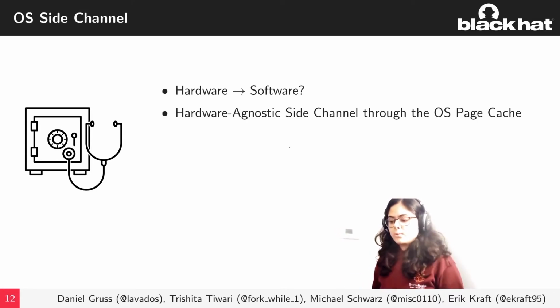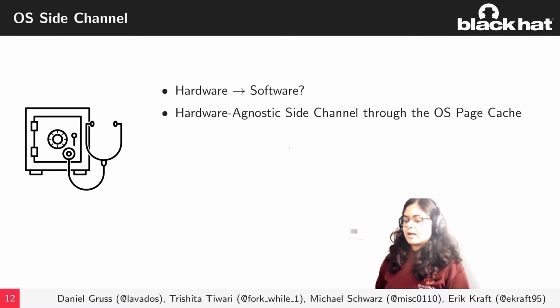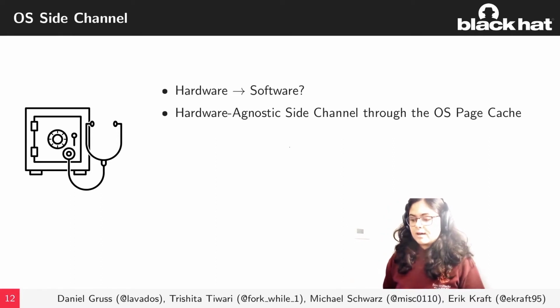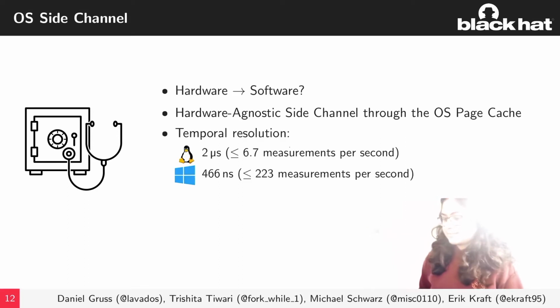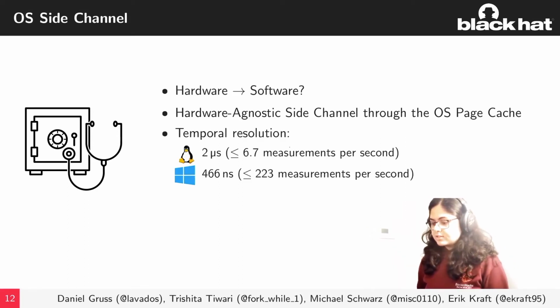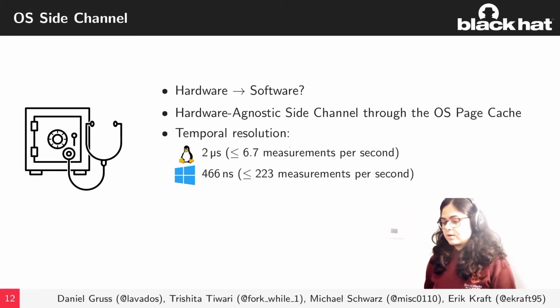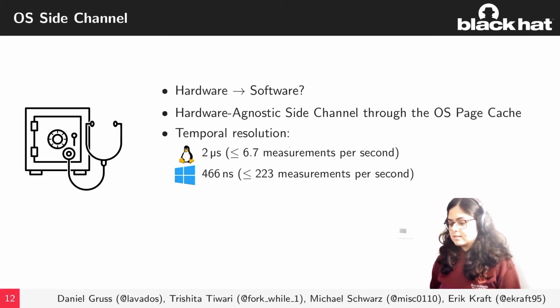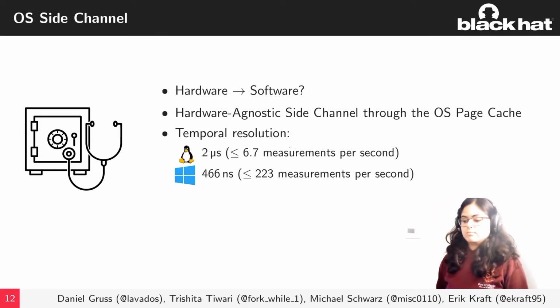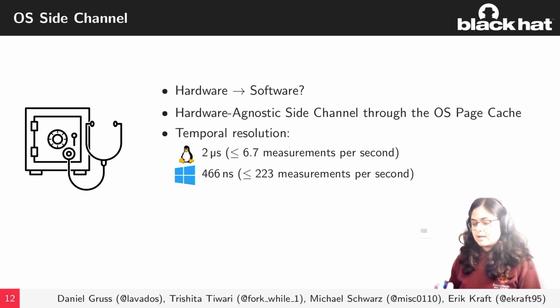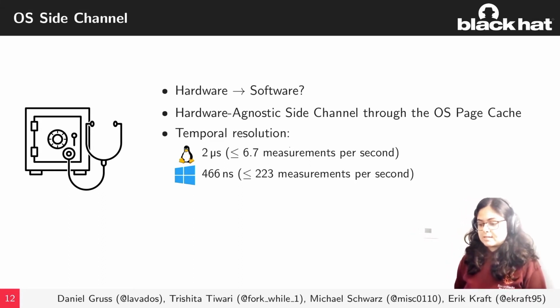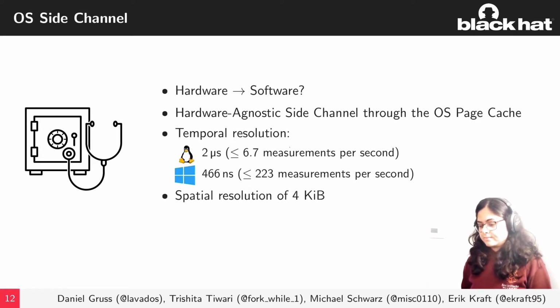And now we can discuss our hardware agnostic side channel through the operating system page cache. This side channel has a temporal resolution of about 2 microseconds, which leads to up to 6.7 measurements per second on Linux, and 466 nanoseconds, which is about 233 measurements per second on Windows.